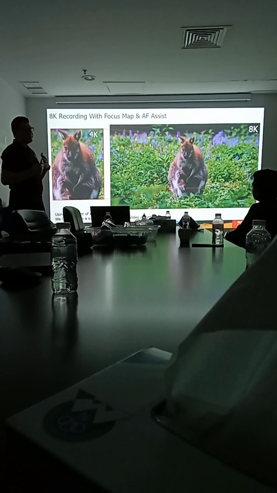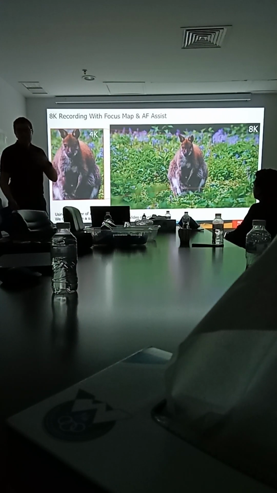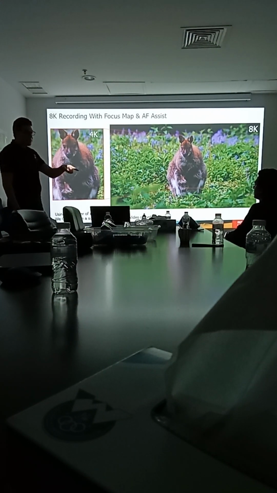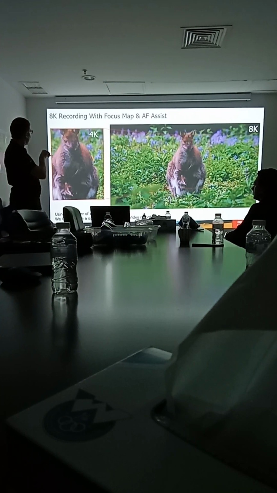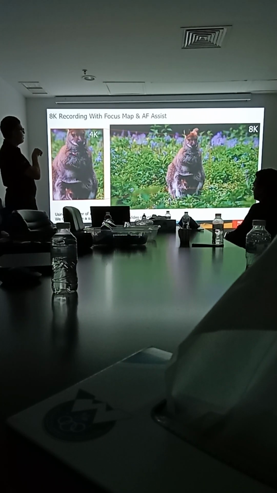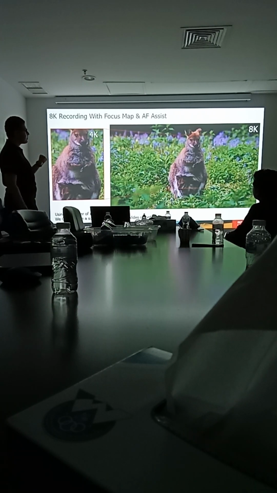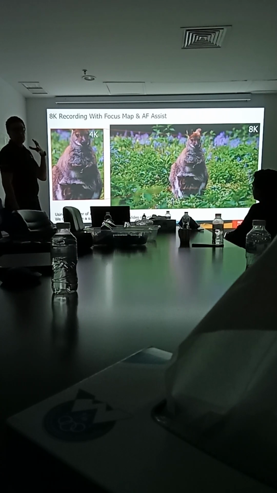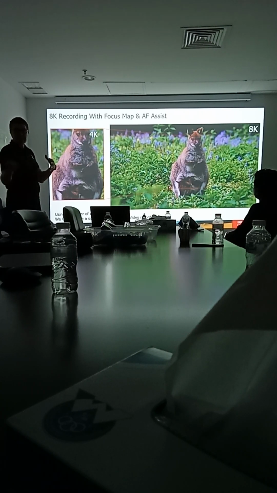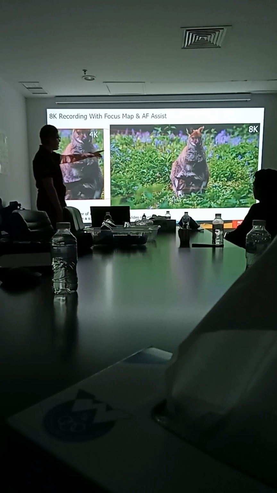And because we are using 61 megapixel, now we can record 8K in that small body. And if you crop to 4K, you can see the resolution, and you can see the focus, how it works. Normally people are not using 8K, but they record 8K to crop 4K, and then they can move that square.